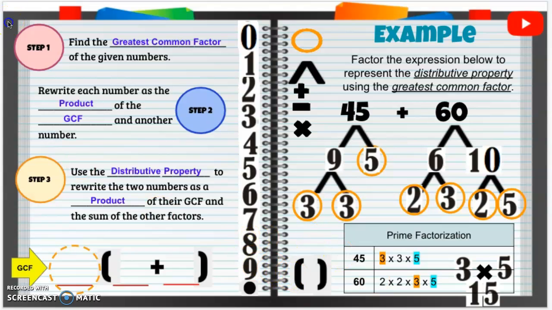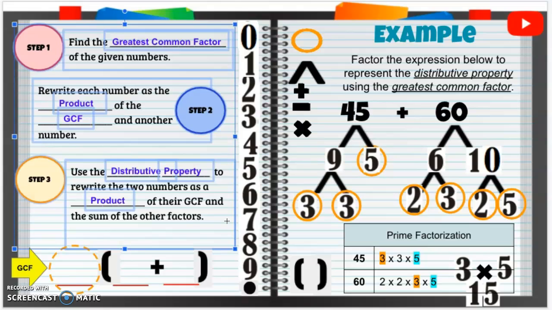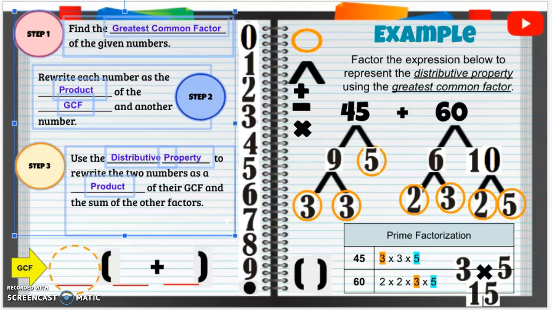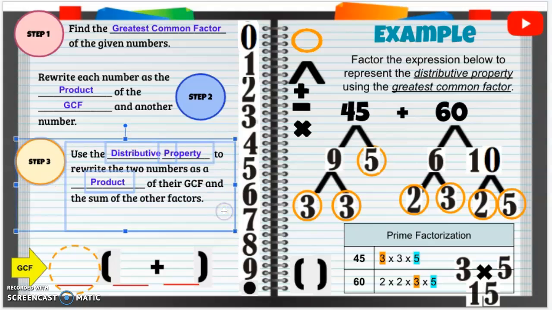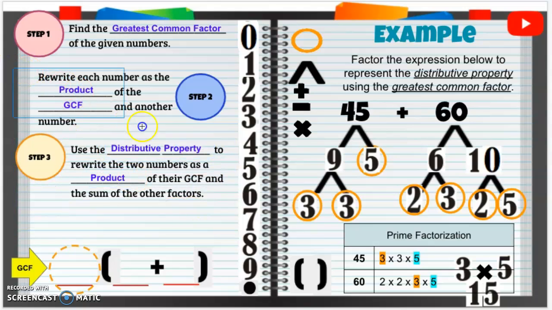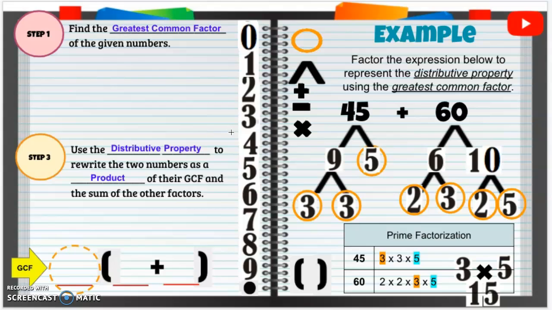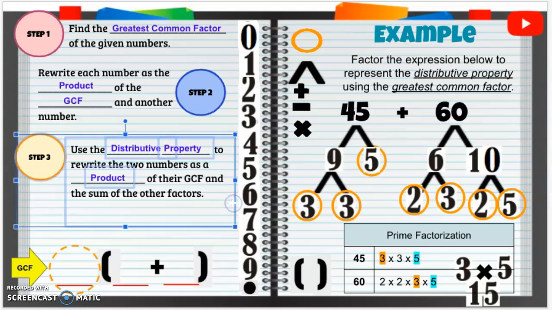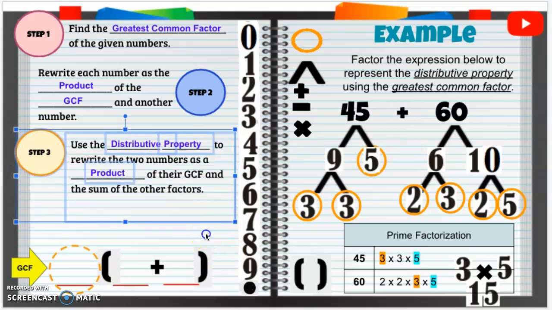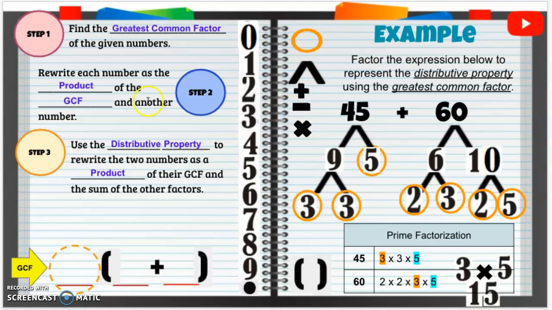I am actually going to move all of these up here so that we have a little bit more room. The first thing we are going to do is rewrite it as the product of each of those numbers.